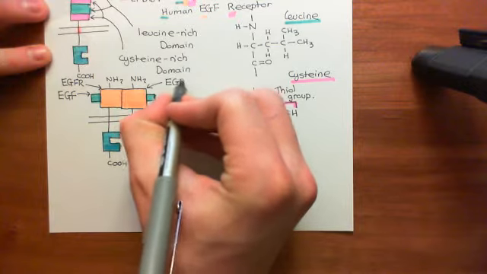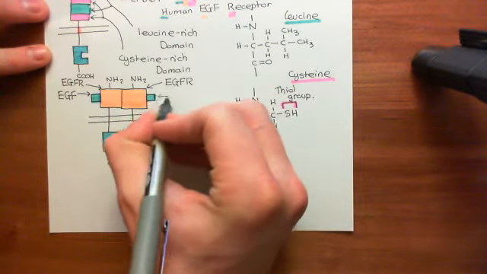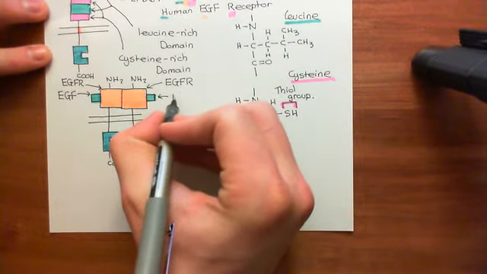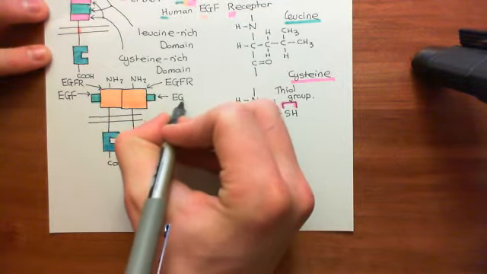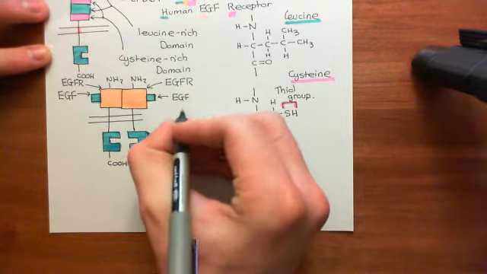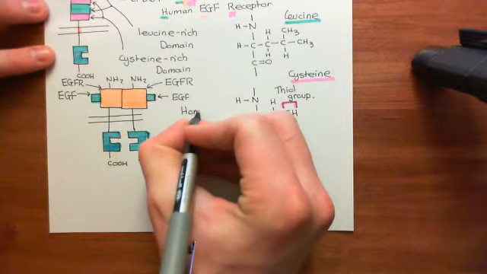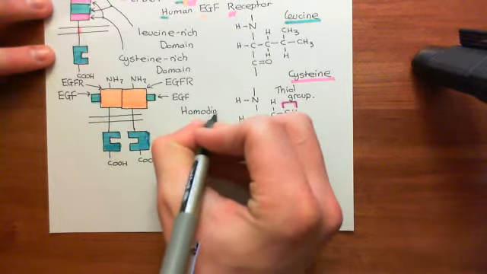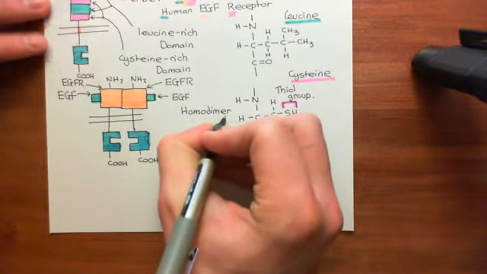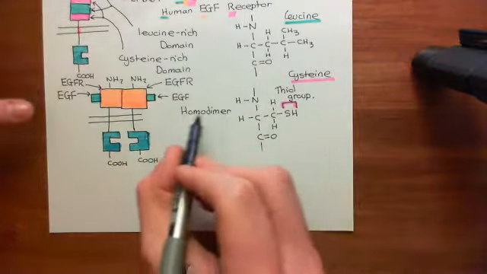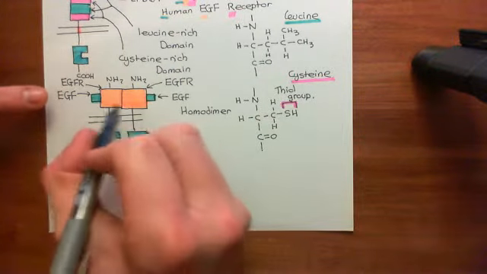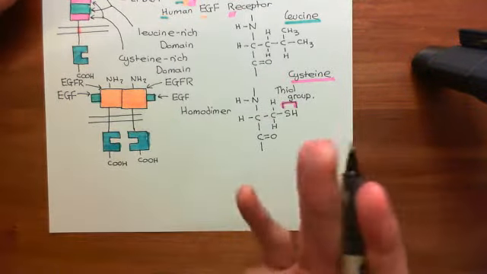Okay, so it can bind to another epidermal growth factor receptor or an ERB1 receptor, which also has epidermal growth factor bound to it. That is known as a homodimer. Okay, homo means same, dimer means 2-membered structure. Okay, so this is a 2-membered structure where the 2 members are identical, they're the same.